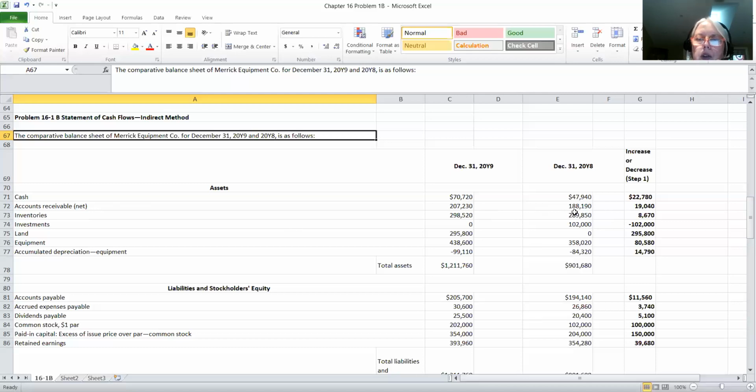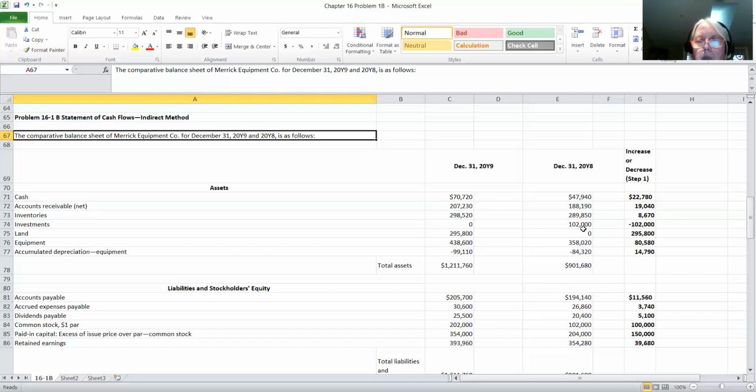So my accounts receivable grew from $188,190 to $207,230. The amount it grew by was an increase of $19,040. My inventories also grew from 2008 to 2009. They increased by $8,670.